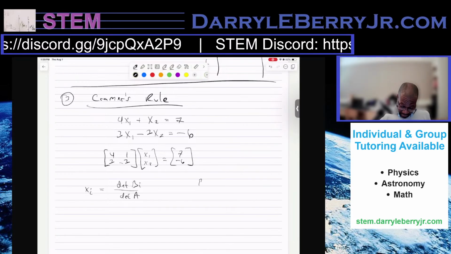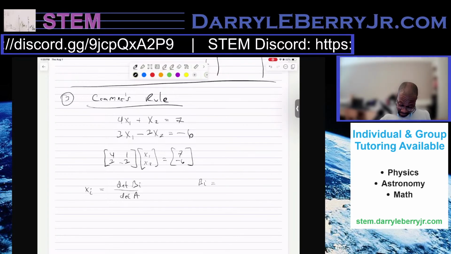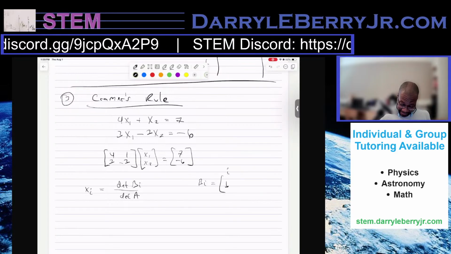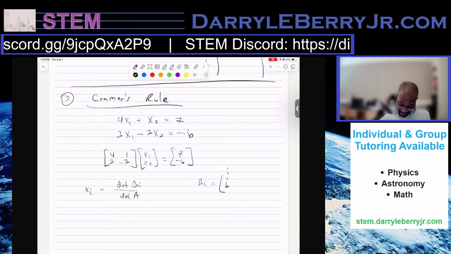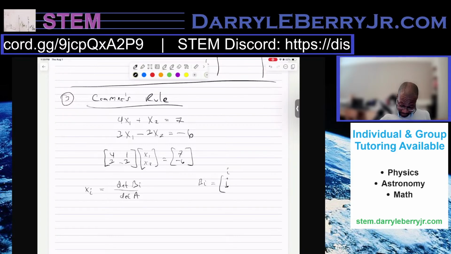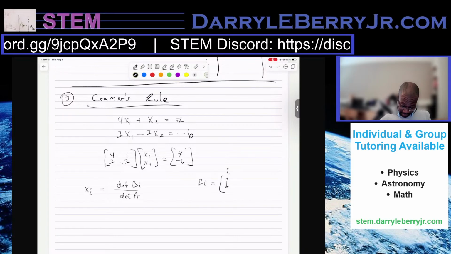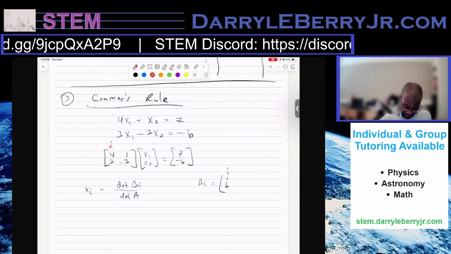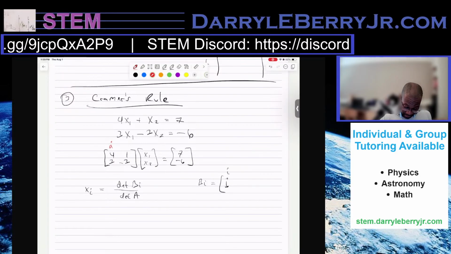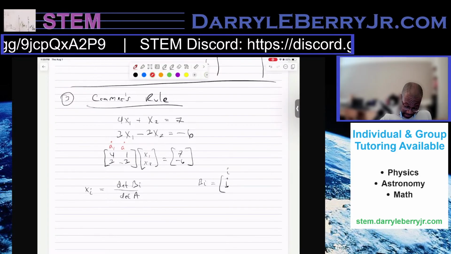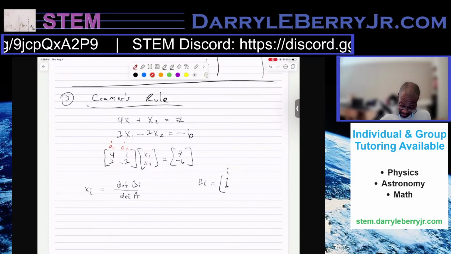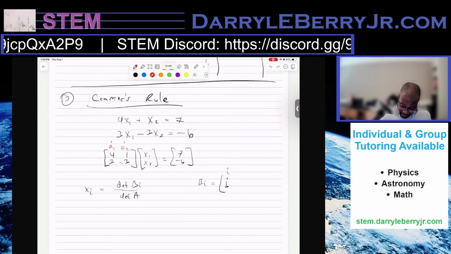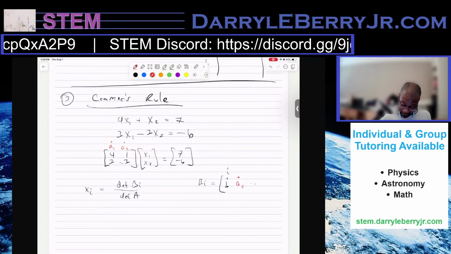So what Bi is, is column i, we make that the b vector, and everything else we just leave the same. If I call this A1 and this A2 in the matrix, then we will still have our A2, and so forth, the same.